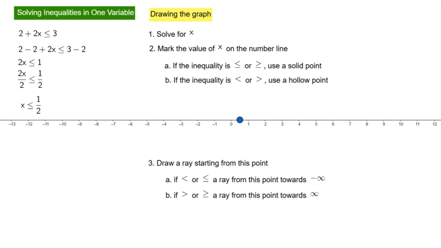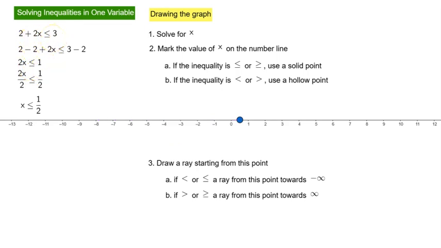We don't have to make it a very long line. We can just mark it with an arrow. That's why a ray. x is less than or equal to 1 by 2. And this arrow signifies that everything to the left is included in the solution for this inequality.